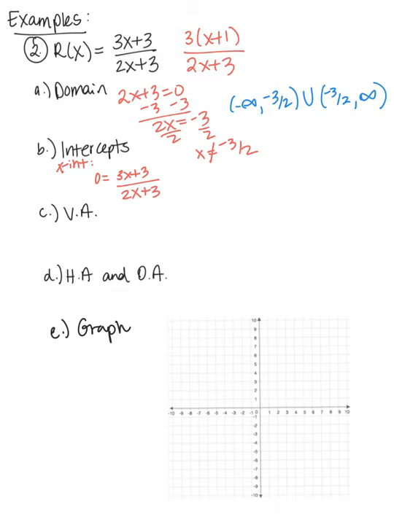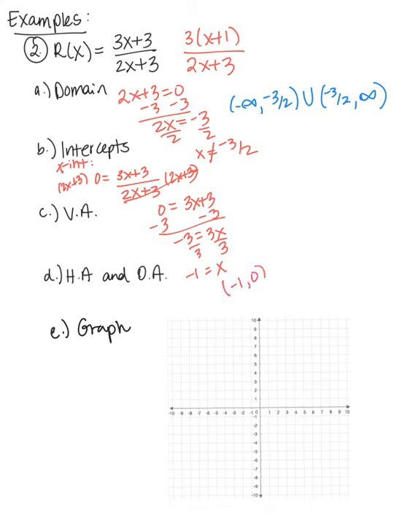I see a fraction, so I'm going to multiply by that denominator, which is going to make it cancel. Remember, 0 times anything is just 0. So I get 0 equals 3x plus 3. And let's go solving here. So I get x to equal negative 1. Now remember, it's an ordered pair. So I want to say negative 1 comma 0.